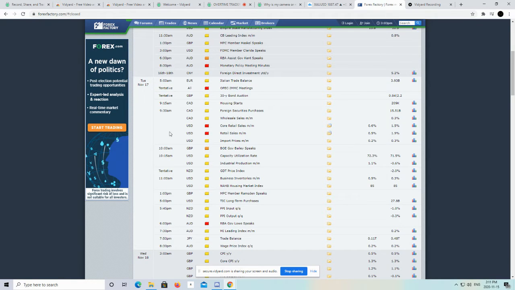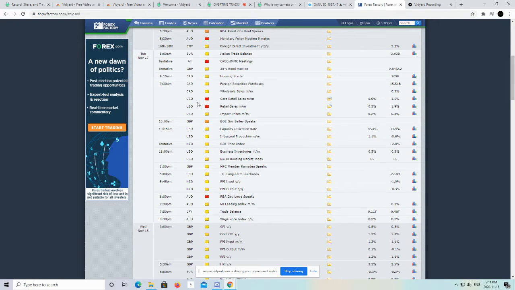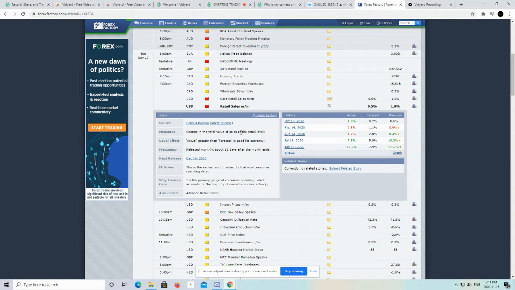So moving on down, we got the US red folder. So core retail sales and retail sales here again, right? So these will impact the USD. Okay, so you want to keep your eyes out for any fundamentals like this if you trade USD pairs.